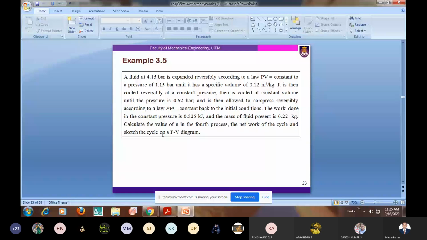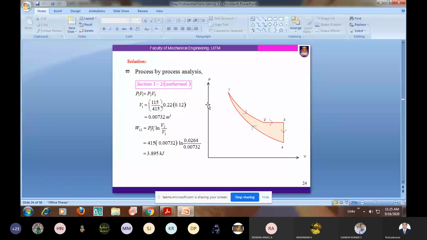So here we have four processes. Just try to get what the processes are. If you look at this PV diagram, we can see the first process is an isothermal process.